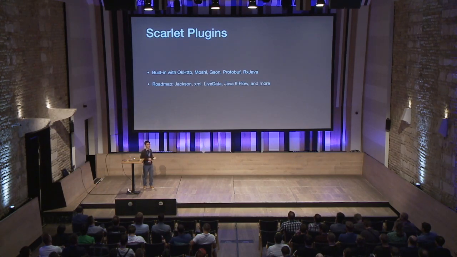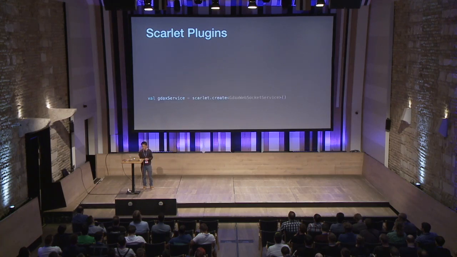We plan to support more in the future, and this will cover 90% of the use cases. If you have specific needs, you're empowered to write your own plugins. And if you find anything missing from Scarlet that should have been built in, please let us know or contribute.